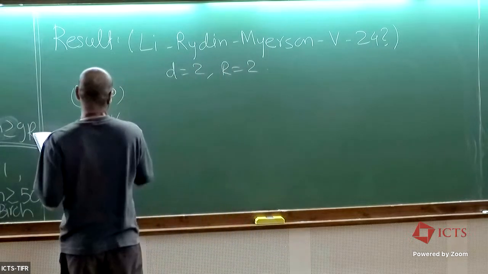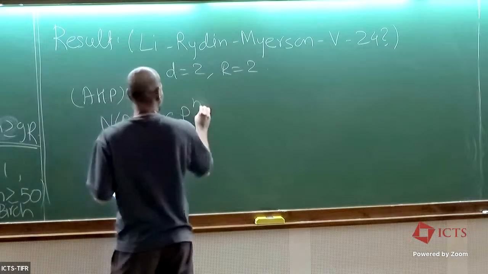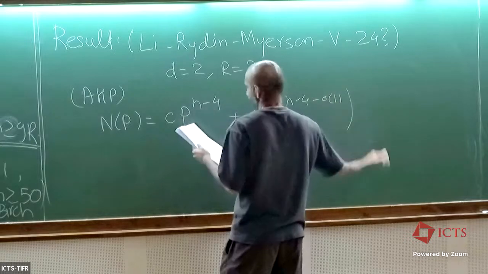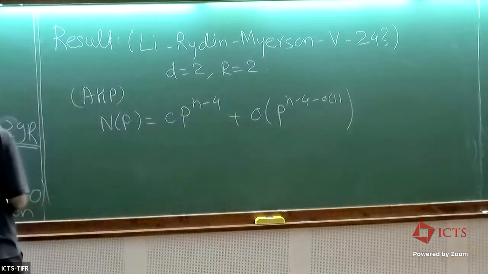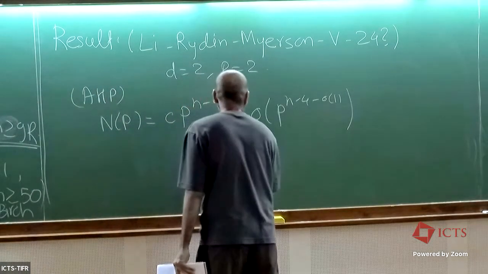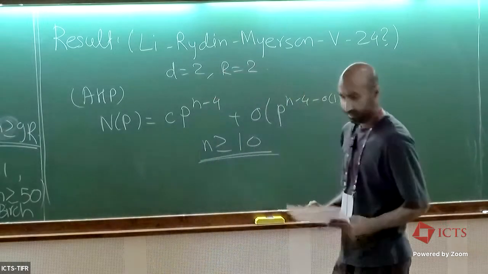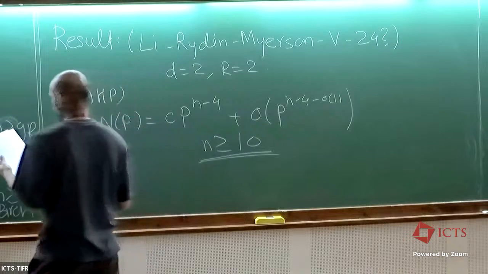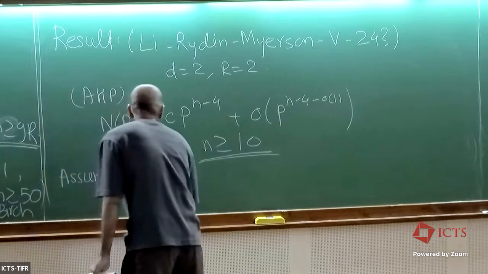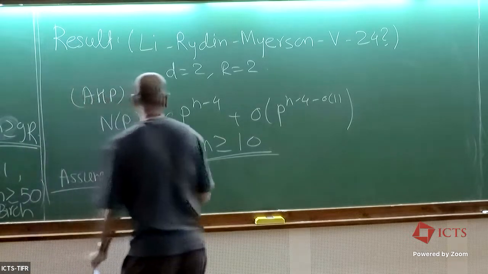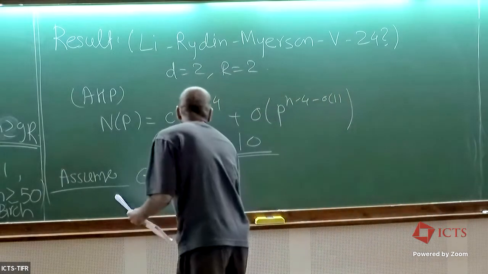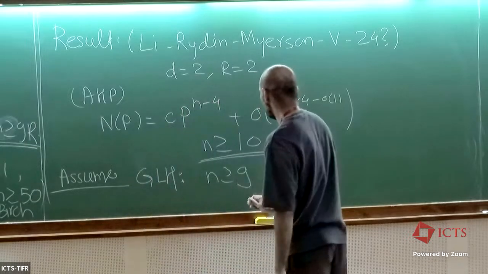In this case, it would be a constant times p to the n minus 4 plus big O of p to the n minus 4 minus little o of 1. This is the kind of formula that one needs. You prove this formula unconditionally as long as you have 10 variables. The system is defined over at least 10 variables. And now further, if we assume the generalized Lindelöf hypothesis for Dirichlet L-functions, then you can reduce the number of variables to n equals 9.